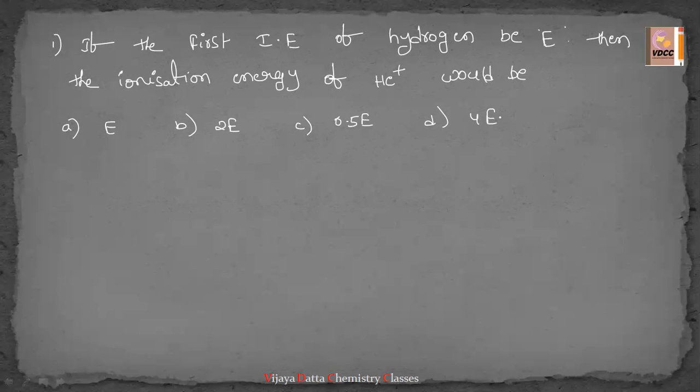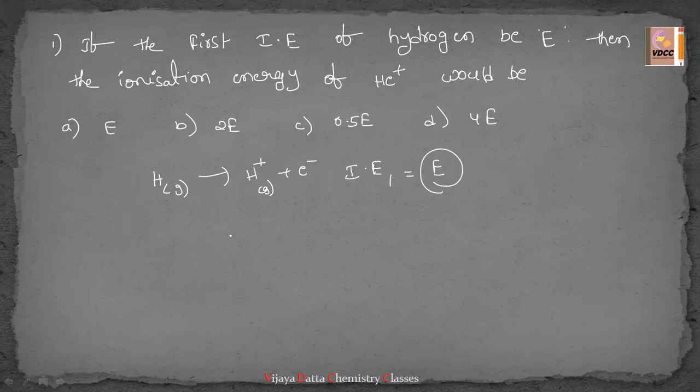If the first ionization energy of hydrogen is E, then what would be the ionization energy of He plus?